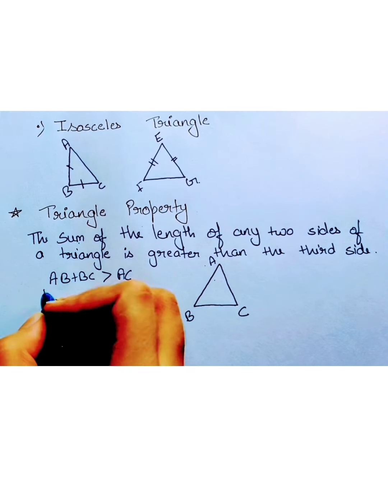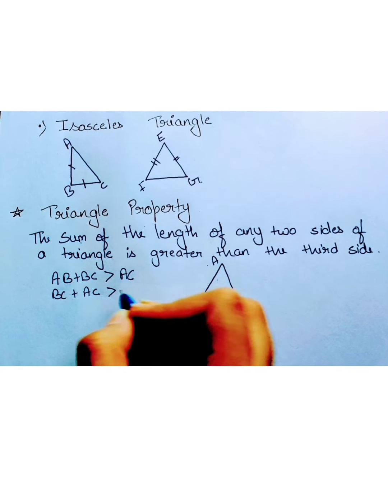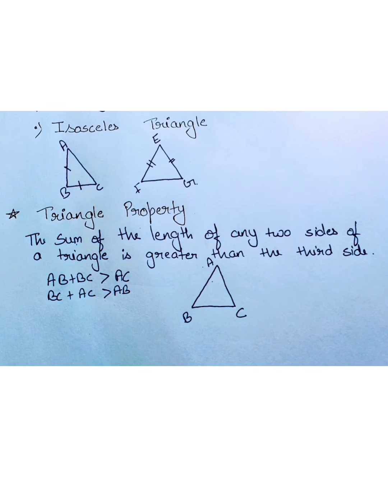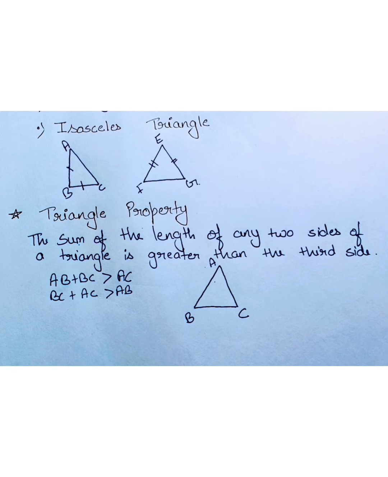Also we can say the sum of BC and AC will be greater than the side AB. So according to your definition, or you can say triangle property, a triangle can only be formed when the sum of the lengths of two sides is greater than the third side. You will get questions of such type in which the lengths will be given and you have to check whether you can form the triangle or not.